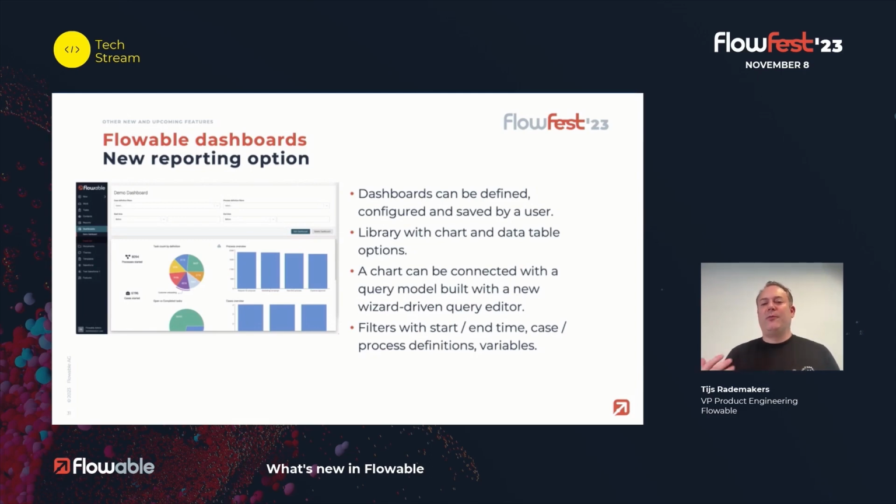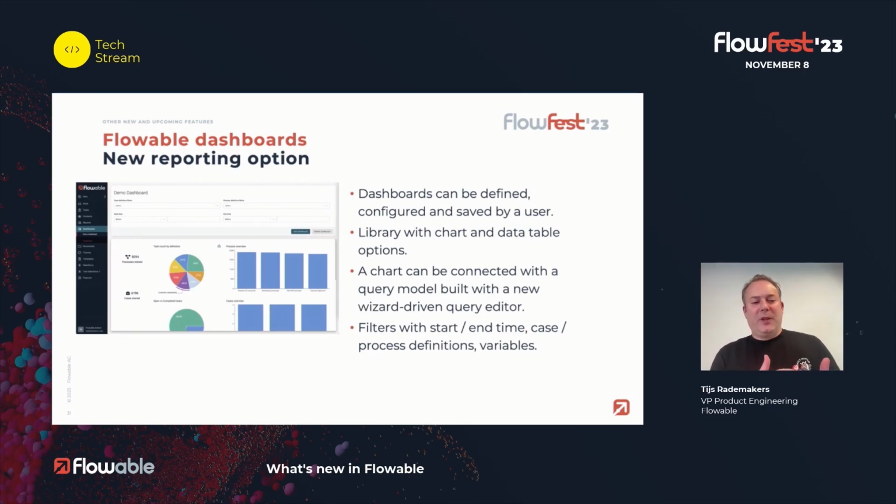So it's really a nice and flexible way to work with data and analytics in Flowable, and it really gives you access to a lot of insights that we can fetch from the Flowable database and Elasticsearch. And the chart is connected to a query, and a query is in the end again a model.